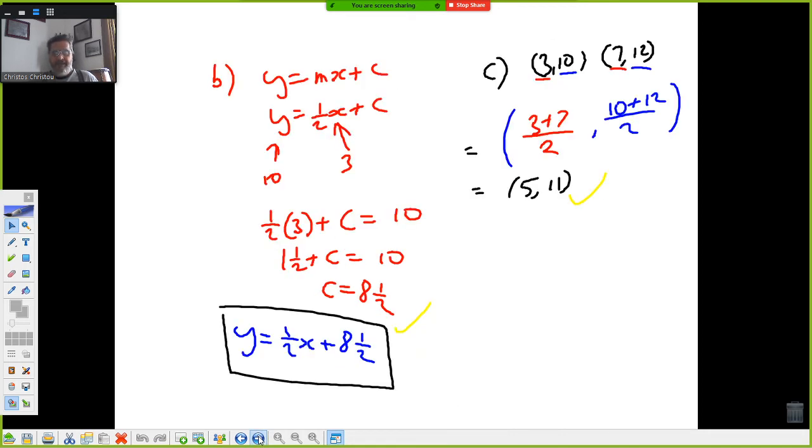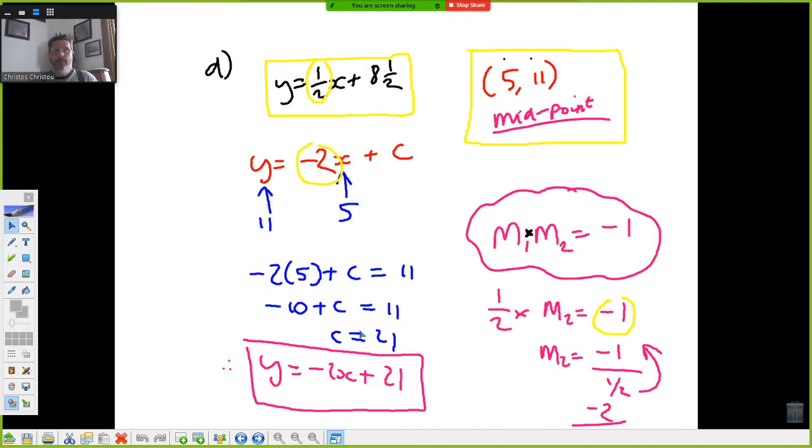So I'm now going to find the equation of the line that passes through that point, and it must be at right angles to that equation. You may recall when we did this before that 2 gradients, when multiplied, will make -1 if the 2 lines are at right angles, if they're perpendicular.